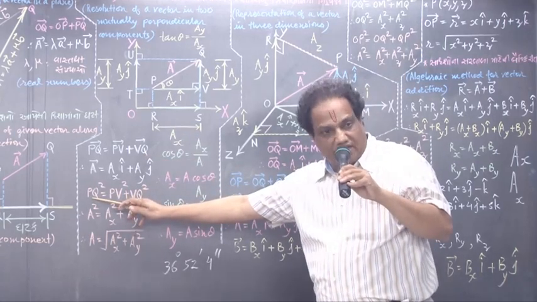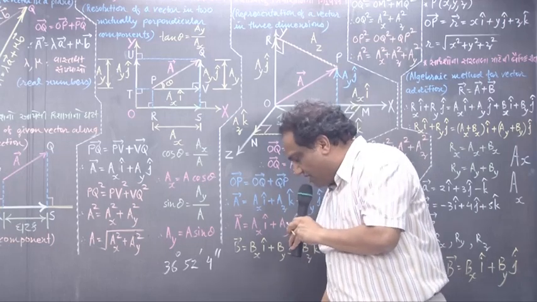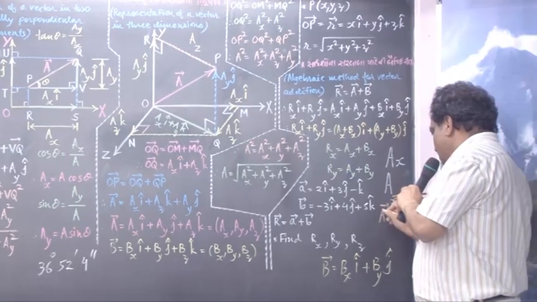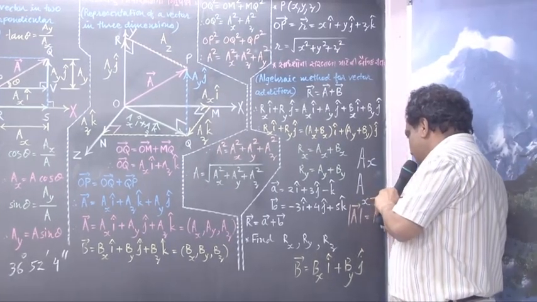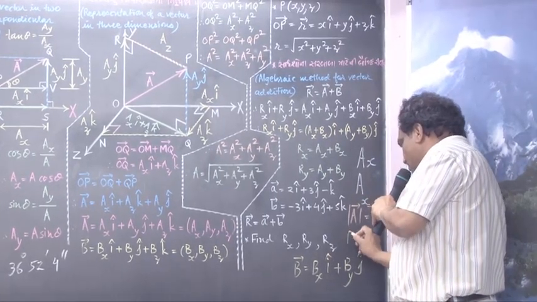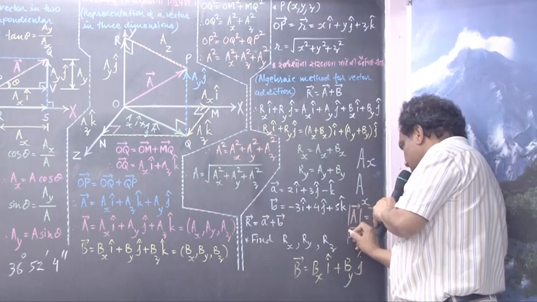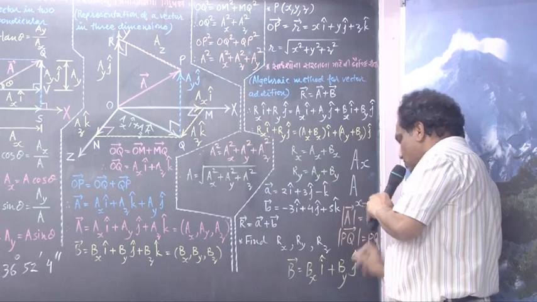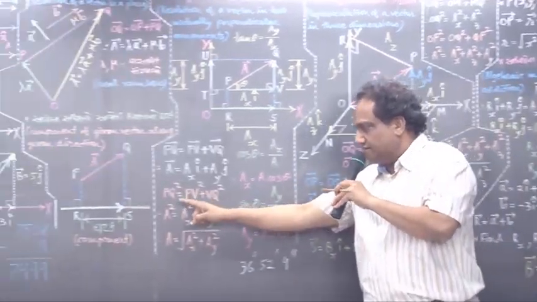I'm not writing vector PQ here. What is the magnitude of vector A? Only A. Similarly, what is the magnitude of vector PQ? Only PQ. Correct?